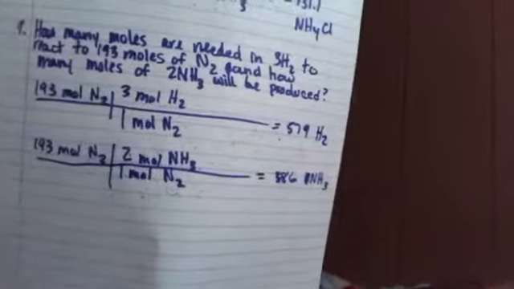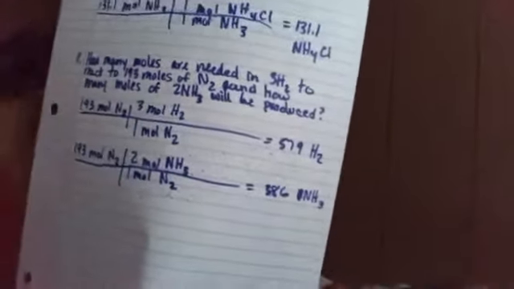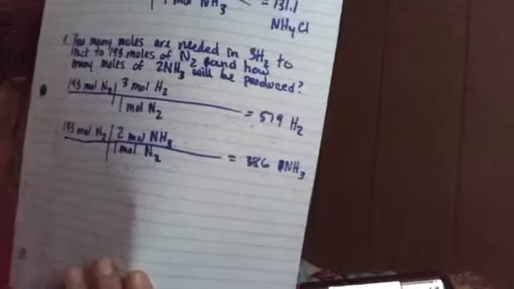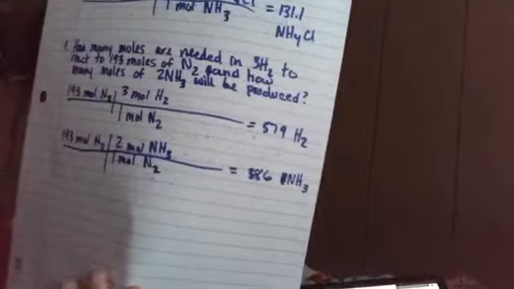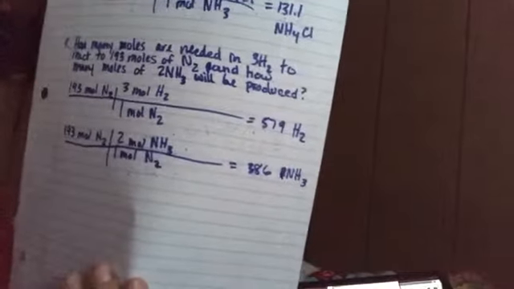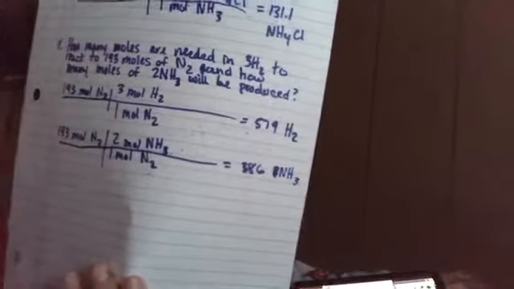Okay, and then this question number 4 asks how many moles are needed in 3H2 to react to 193 moles of N2, and how many moles of 2NH3 will be produced.